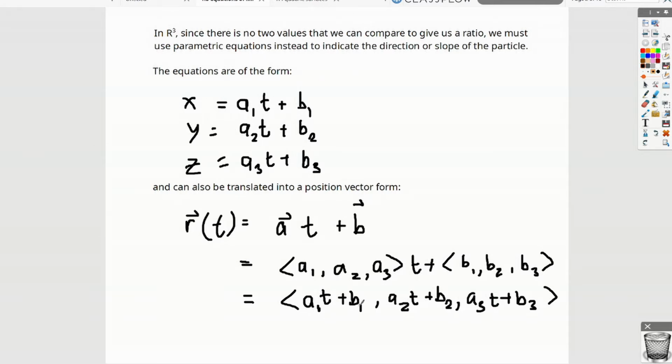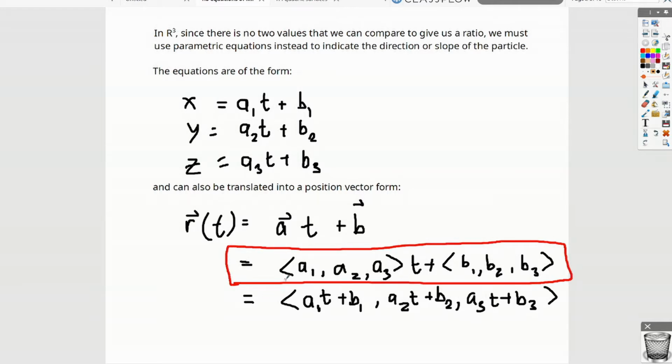Sometimes you will also see them like this, right? This is an important form right here. This is how I will normally write my vector equation of a line, and it's not very long, but as you can see, the vector equation and the parametric equation are pretty similar. The parametric equation is just taken out of the vector equation.